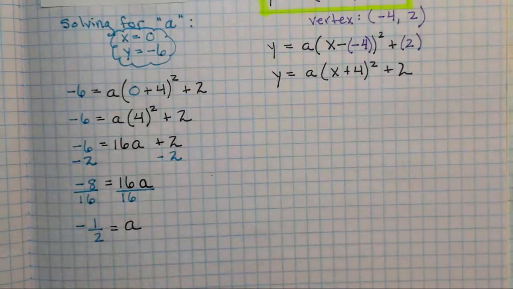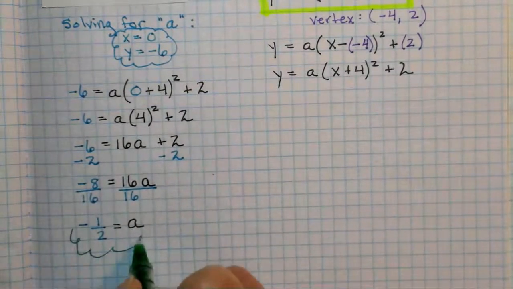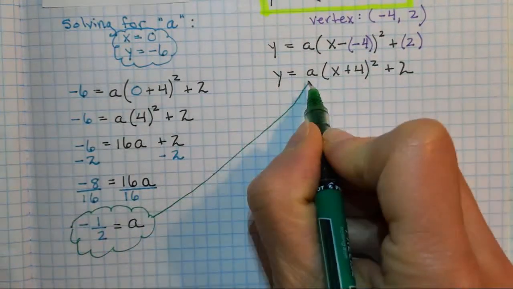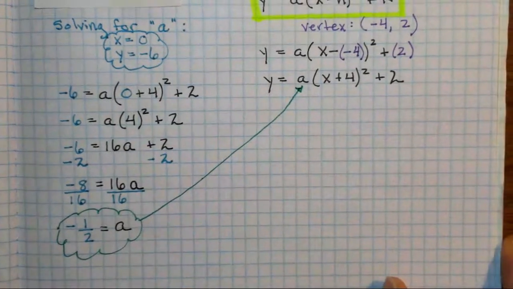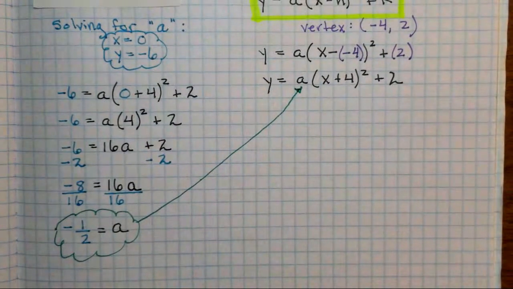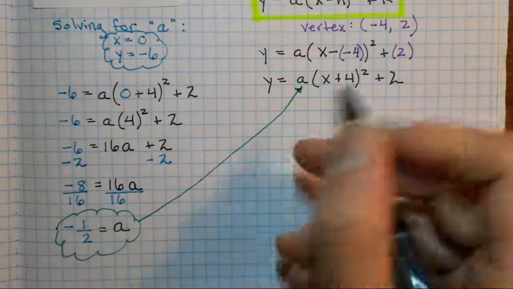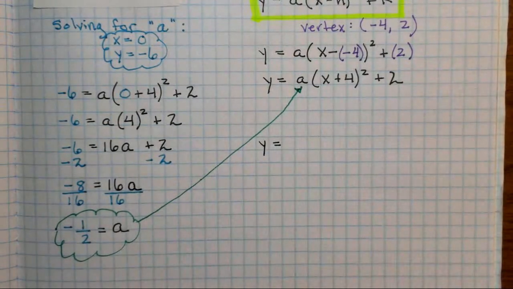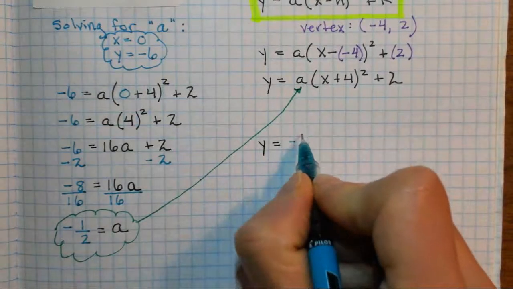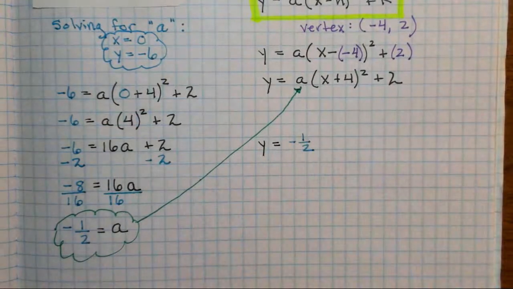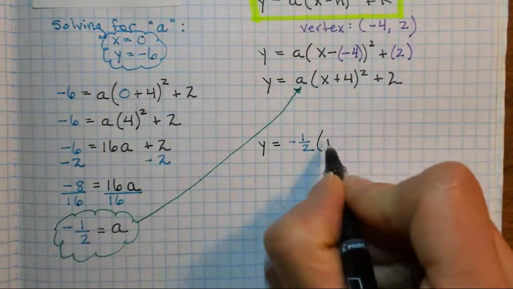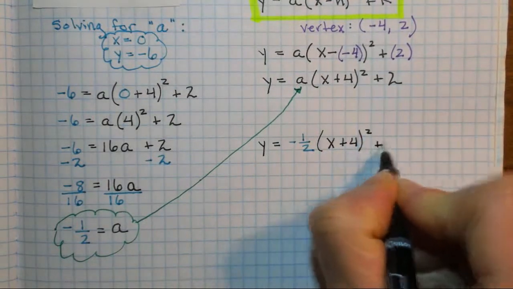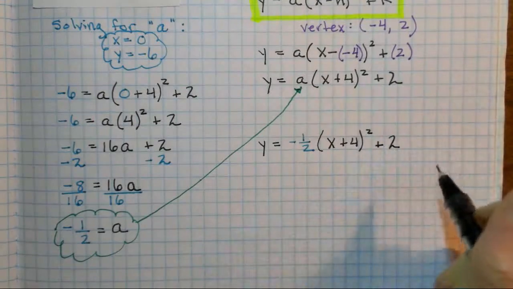So now what I want to do is I want to take this and I want to substitute it back up into that equation. So then that gives me y is equal to -1/2 times the quantity x plus 4 squared plus 2.